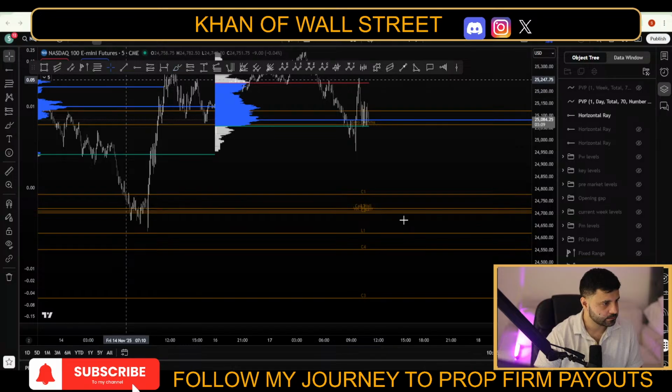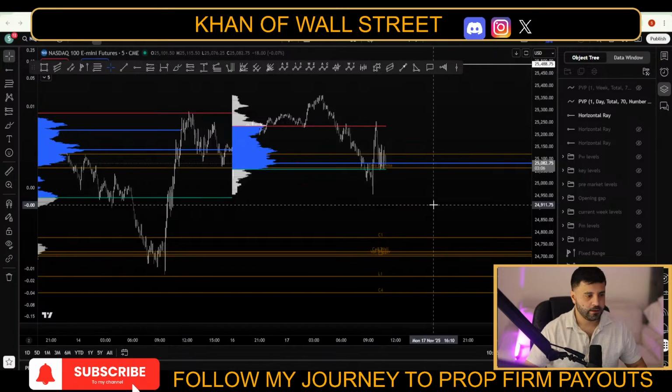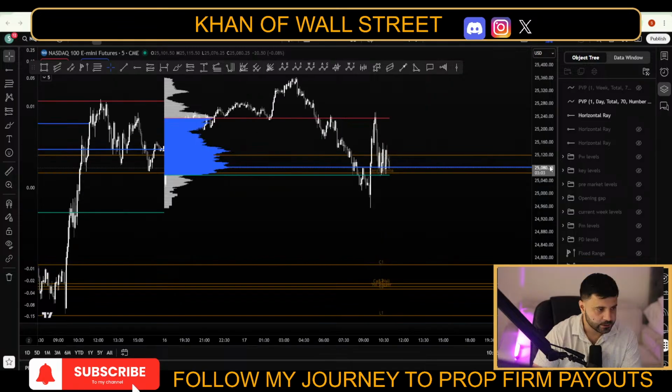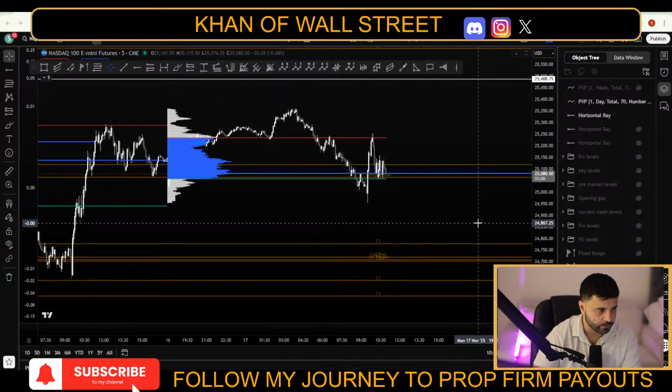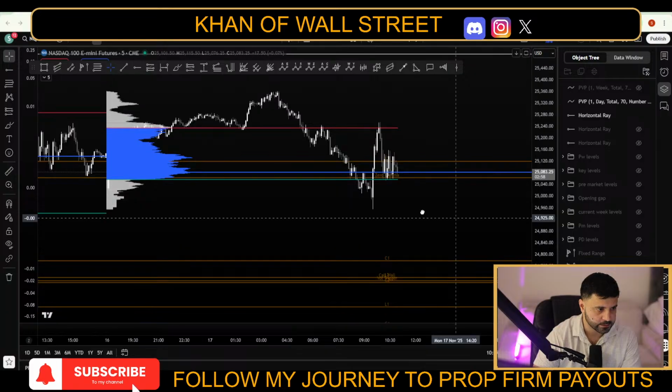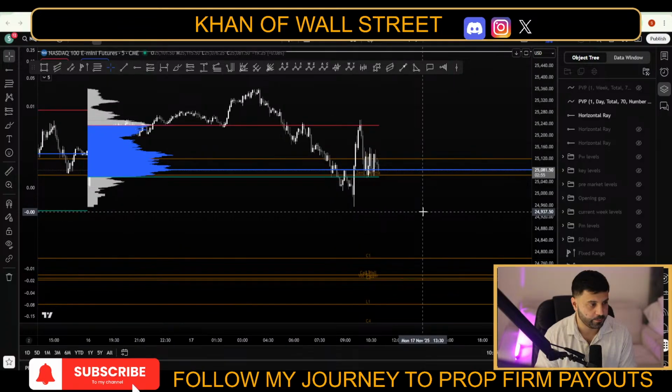So yeah, options gamma exposure is massive, man, because options and market makers are a massive part of the market. Options have become so big now.